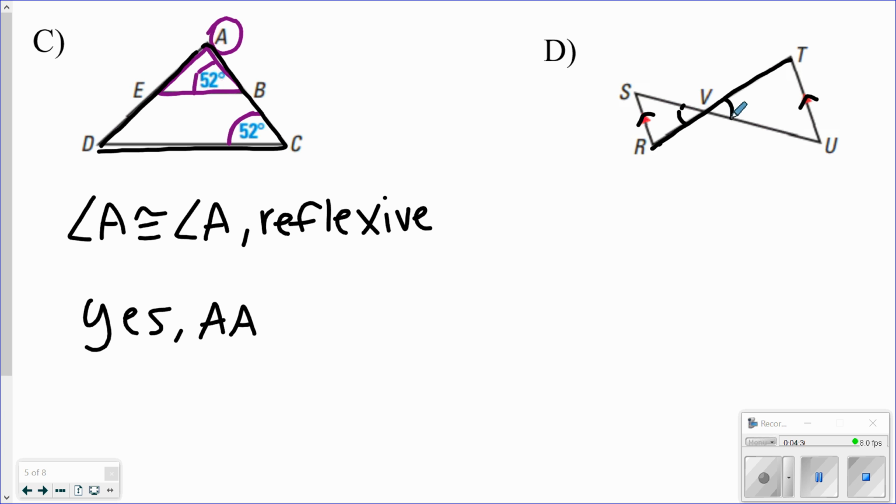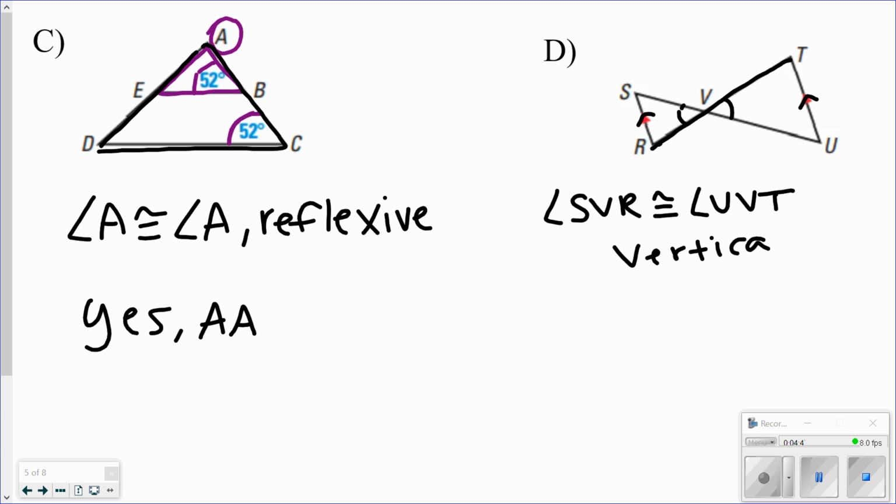They're vertical angles. So I know that angle SVR is congruent to angle UVT. Why? Because they are vertical angles. I also know that angle S is congruent to angle U. Why do I know that?